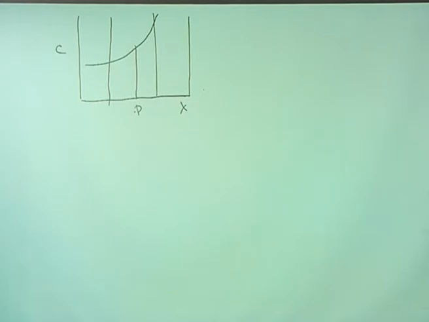The average composition at P is going to be given by a straight line, and that's the average composition. And you can see that the average composition is not equal to the actual composition.